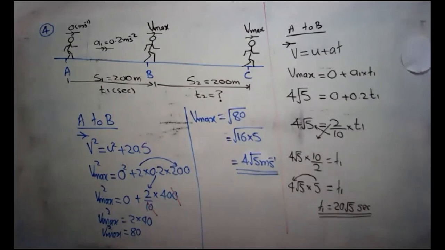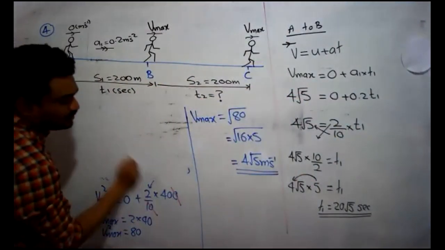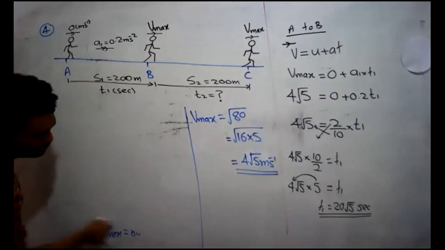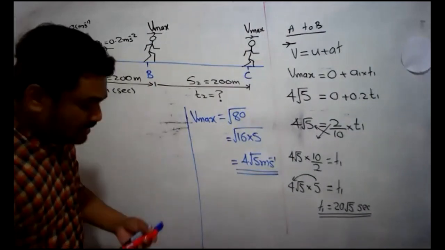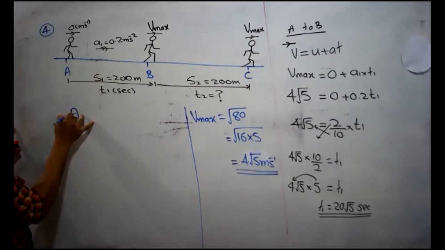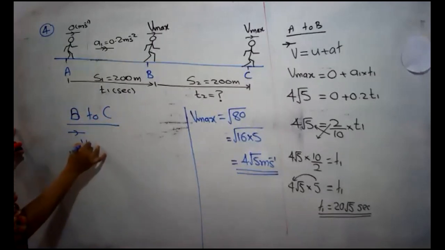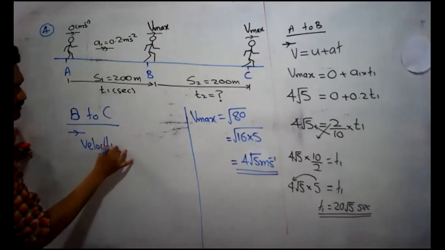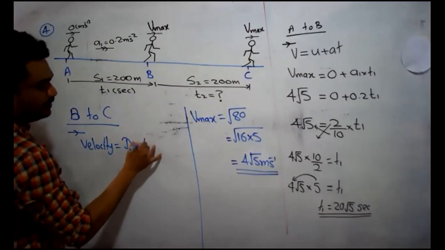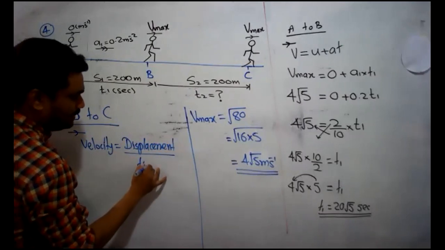When an object is moving with a constant velocity, we can apply the equation velocity equals displacement divided by time taken.